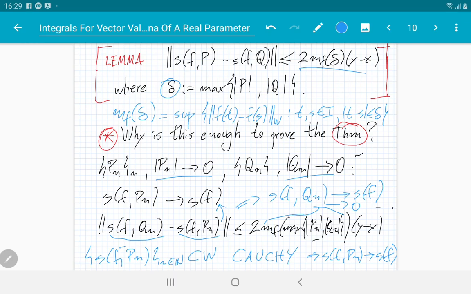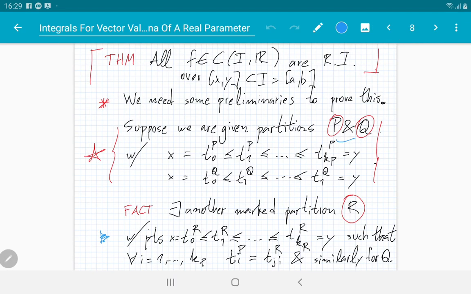Now, we argued before that the lemma implies this very important theorem, which is that all f that are continuous over I are Riemann integrable over any subinterval. So now we know that the integral of any f over I is well defined.